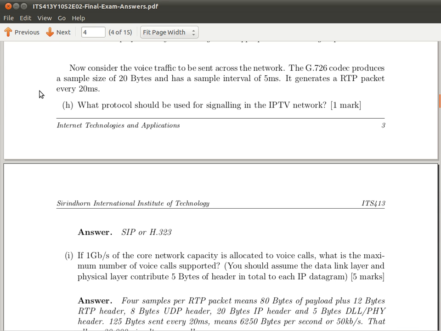So we sample every 5 milliseconds, but our computer just sends a packet every 20 milliseconds. We don't send a packet per sample. In this case, we send 4 samples per RTP packet.